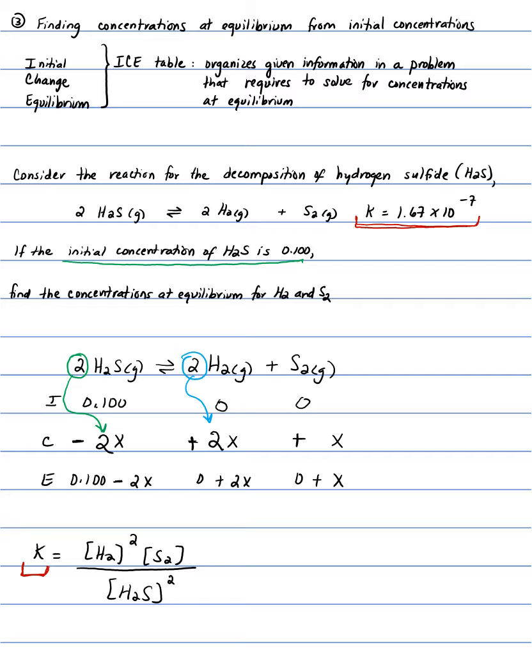If you know how much is X, 2 times X will give you the concentration at equilibrium for hydrogen. If we know how much is X, we can determine the concentration at equilibrium for sulfur. So we can actually calculate the numerical value for X, plugging in everything in the equilibrium constant expression.